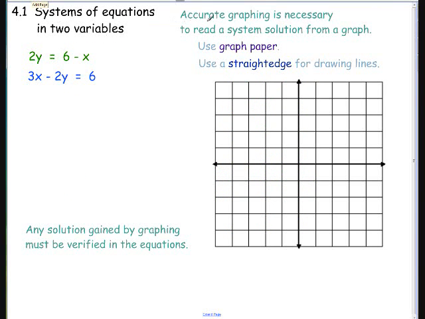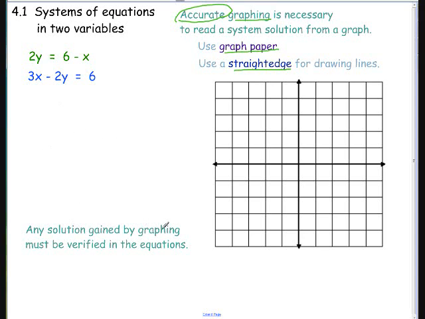We're going to start out here with graphing, and it's very important to do this accurately. How can you do that? You use graph paper and you use a straight edge. Graph paper and a straight edge. A straight edge does not have to be a ruler. It could be something as simple as an index card, or even as simple as a piece of paper that's got a couple folds in it to give you a nice sharp crease.